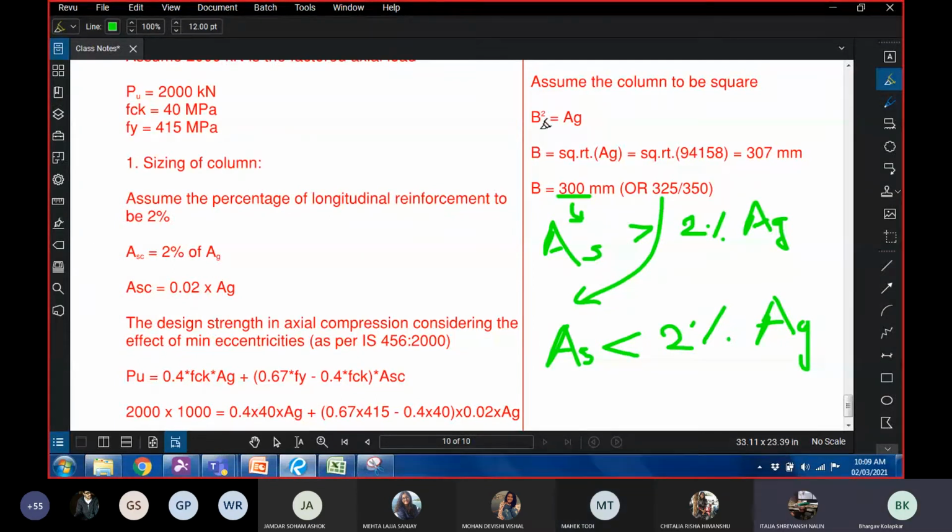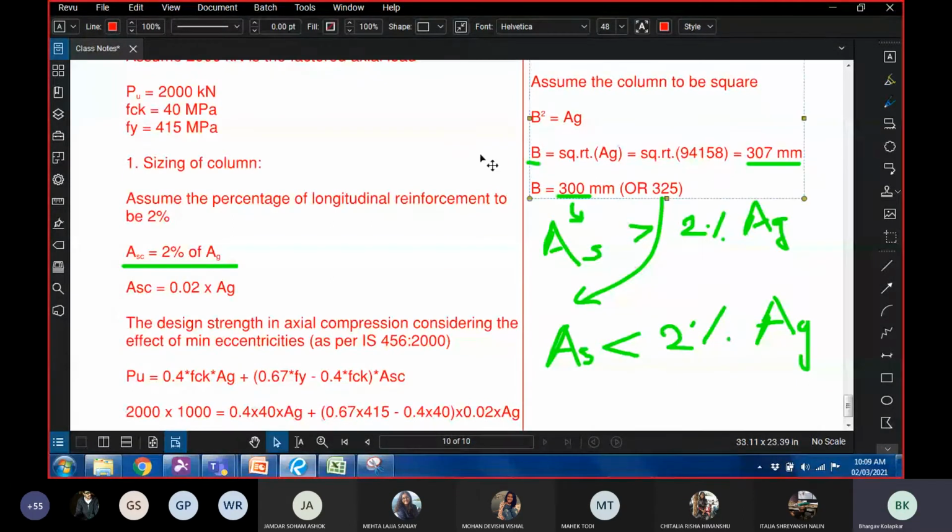Okay. So for a 2% reinforcement, the width that I require is 307. Practically, I cannot provide 307. I can provide either 300 or 325. If I provide 300 mm, the area of steel that I will get would be slightly greater than 2%.